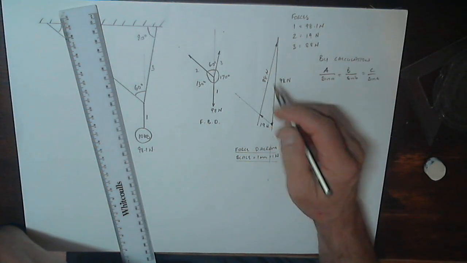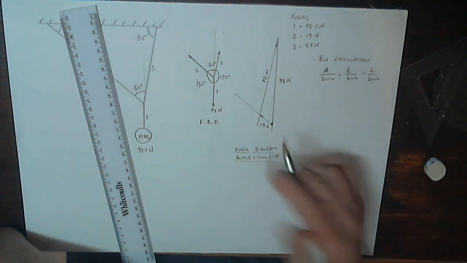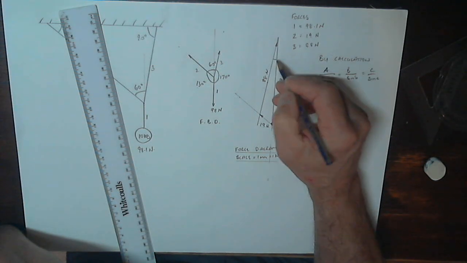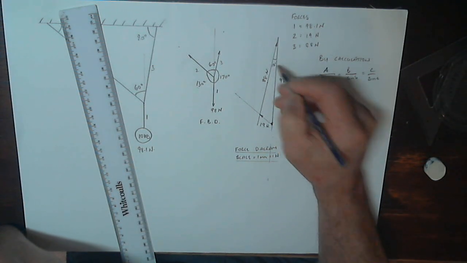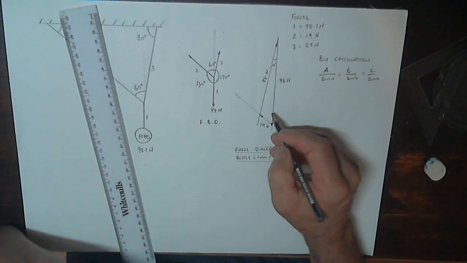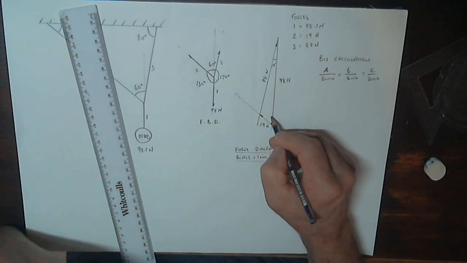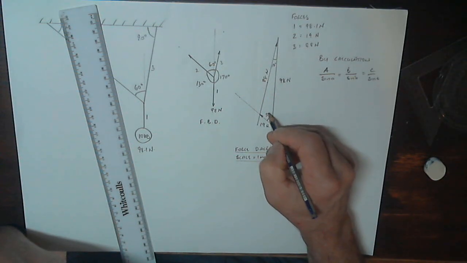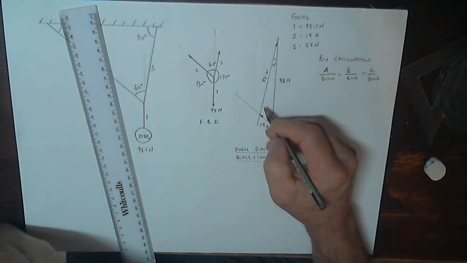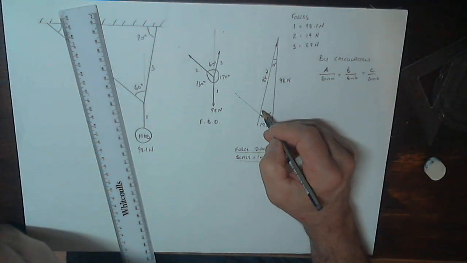And we need to know what the internal angles are in the triangle. So that's 10 degrees. And this one here is, well, we decide it's 50 degrees, isn't it? And so that's 60, therefore this has got to be 120.